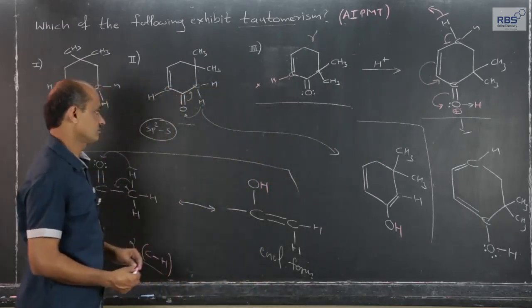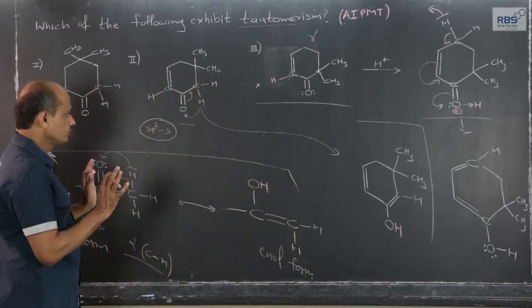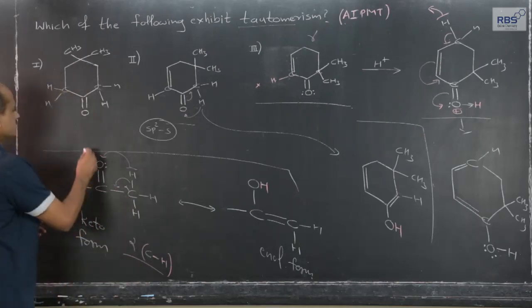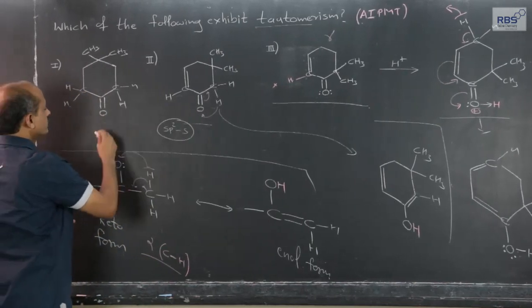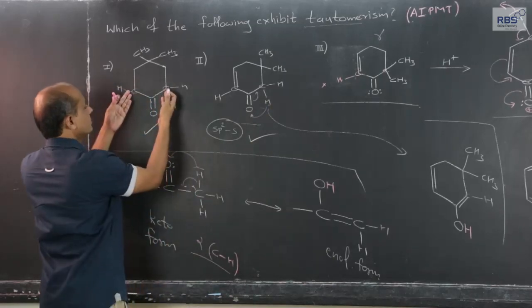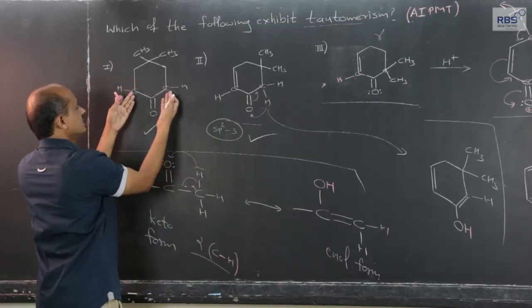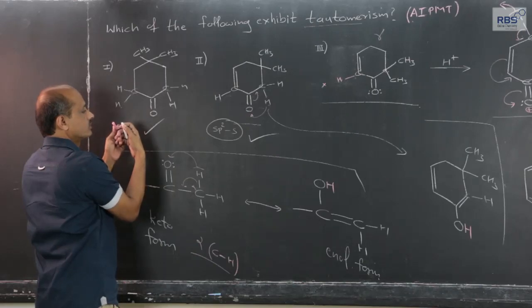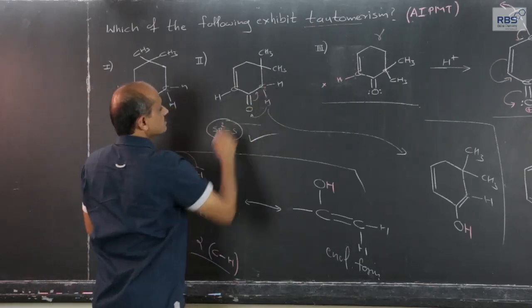So, for the answer, as per our routine study, we would have said that keto-enol tautomerism is possible for 1 and 2. In this case there are 2 available carbon atoms with alpha CH bonds, and here only on this one.